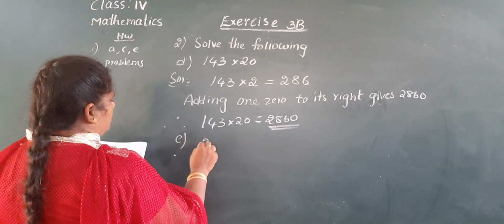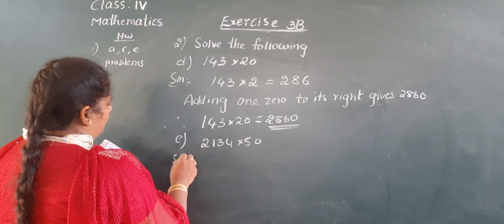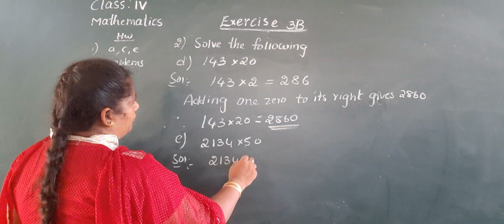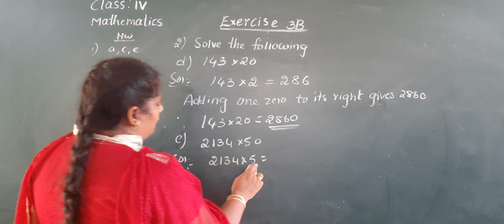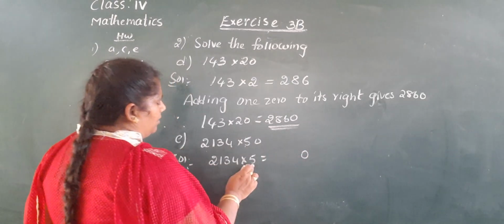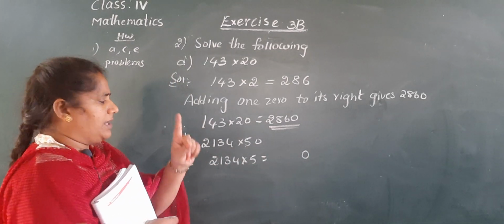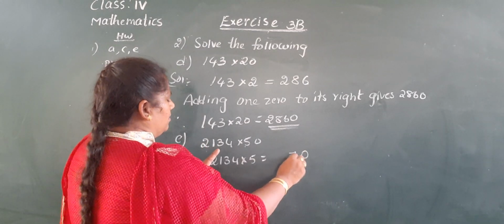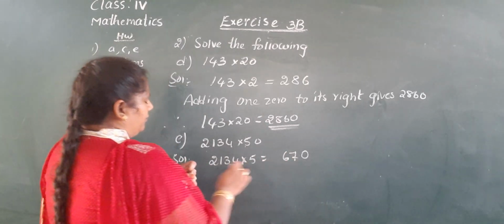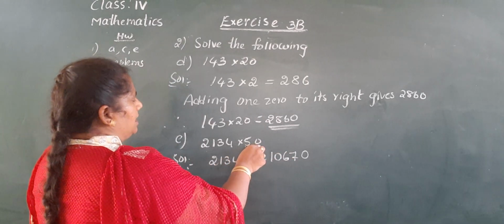E. 2134 into 50. Same. First you multiply the numbers. 2134 into 5. So 5 4s are 20. 2 in hand, 0 is down. 5 3s are 15, 16, 17. 1 in hand, 7 is down. 5 1s are 5 plus 1, 6. 5 2s are 10. Okay? Now here 10 is there.